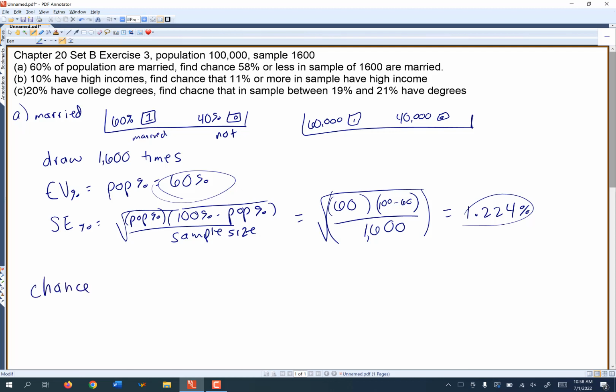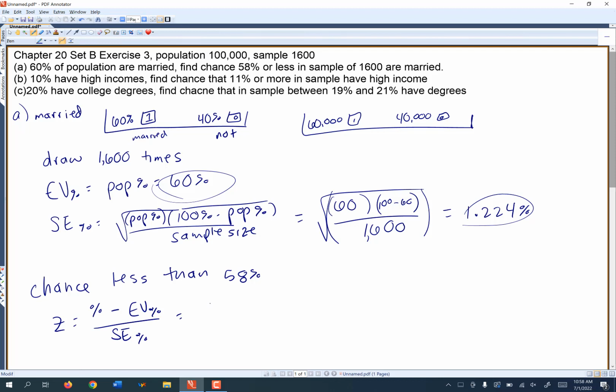Now find the chance that we are less than 58% when we take the sample. So anytime you're looking for a chance, you're going to have to find a z-value. Our z-values are all about the same, but instead of sums, we're just going to write a percent. So it'll be percent minus the expected value of the percent divided by the standard error of the percent.